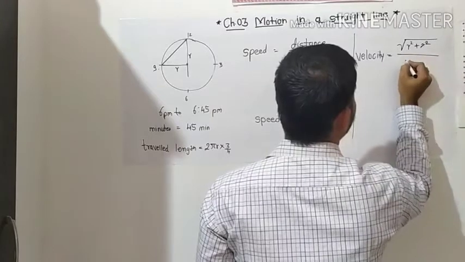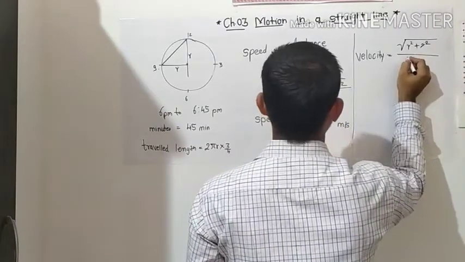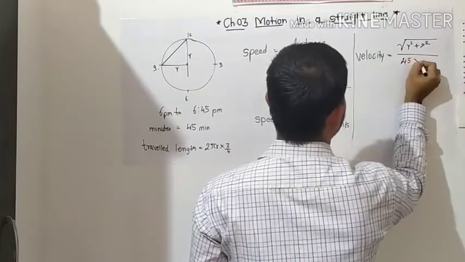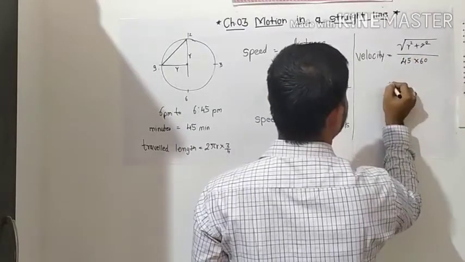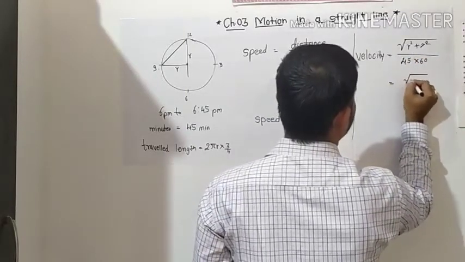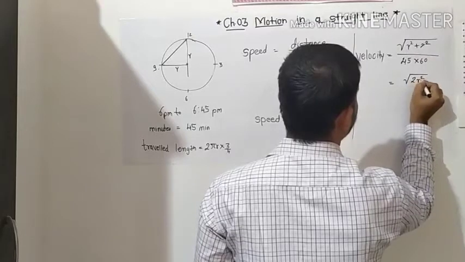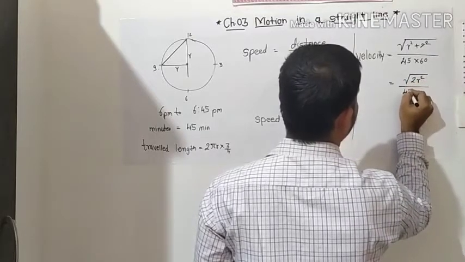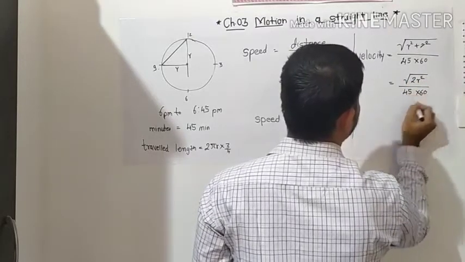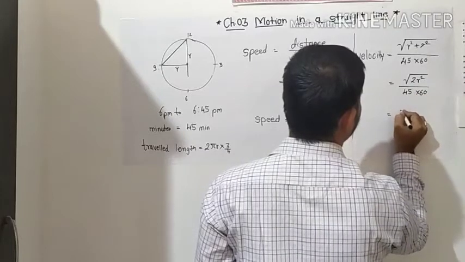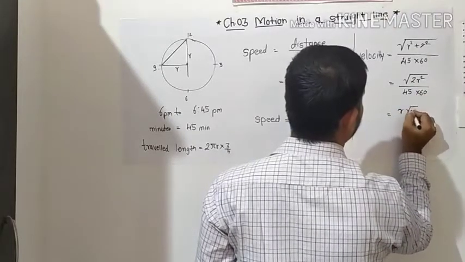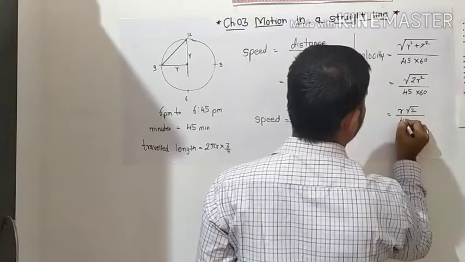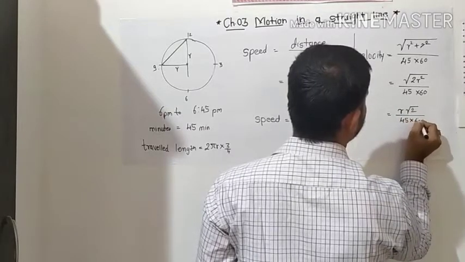And how much is the time? Time taken will be 45 into 60. So it will be the square root of 2 r square upon 45 into 60, which gives r square root of 2 upon 45 into 60.